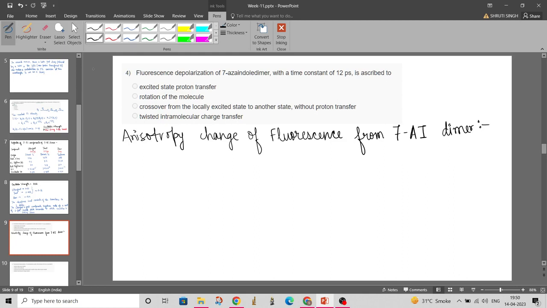The excitation was done at 270 nanometer, which is due to the benzenoid band. The benzene group is there, and the sample was 10 to the power minus 2 molar in hexane. It was done at two excitations, the red edge and the blue edge.